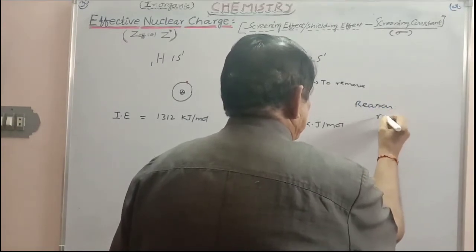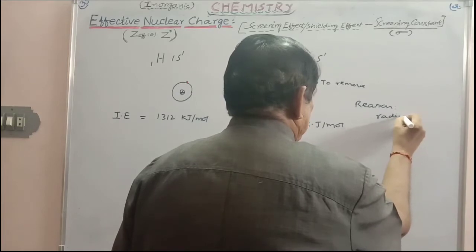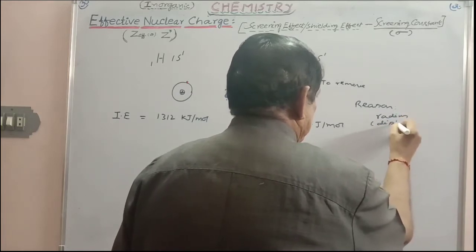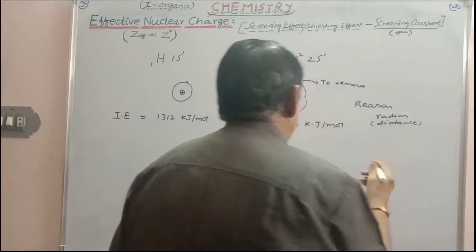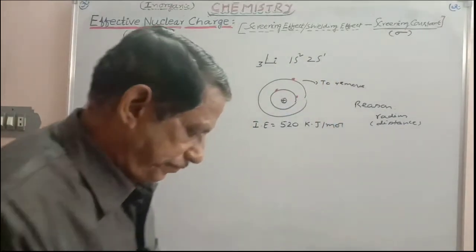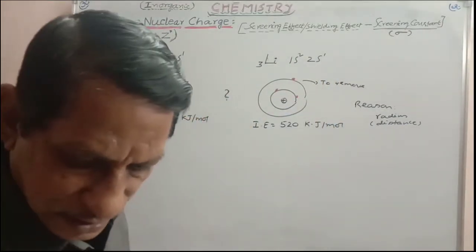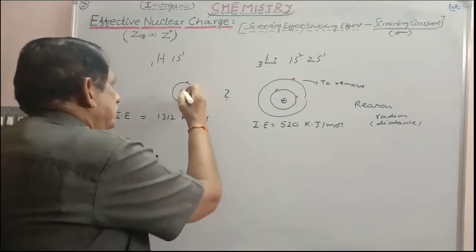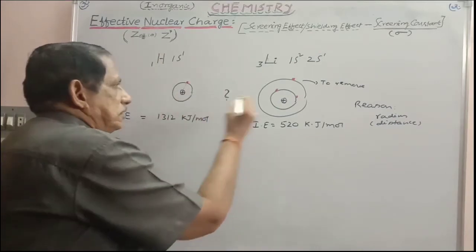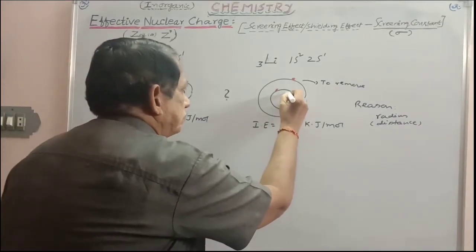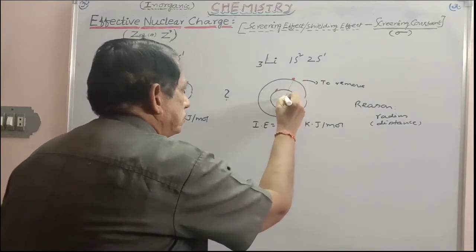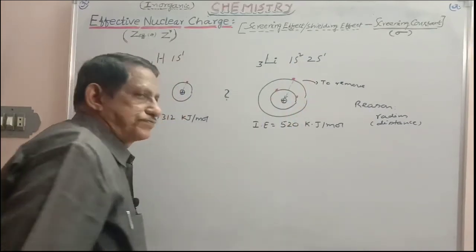One is the radius, that means the distance of the electron from the nucleus. Here you have to take the distance. This is the distance. This is the force of attraction.